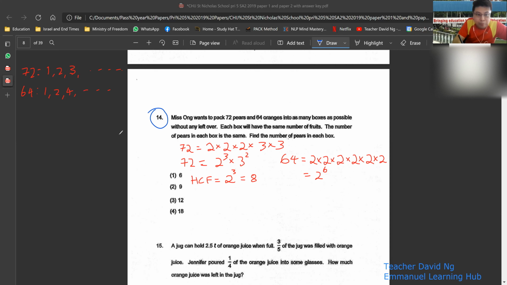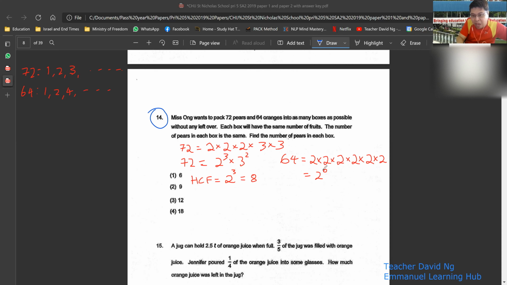I didn't even want to list out because I already got my HCF. Do you notice with prime factorization, how long did I spend getting my 8? Less than 2 minutes, plus explaining now. So imagine if I don't have to explain, I just write out. So I can get my HCF relatively fast.